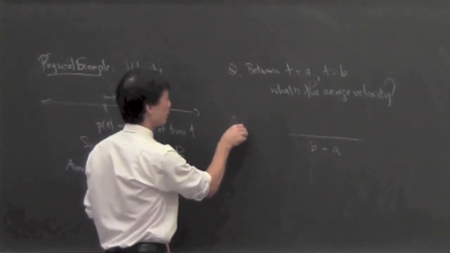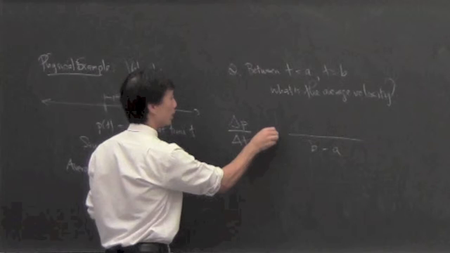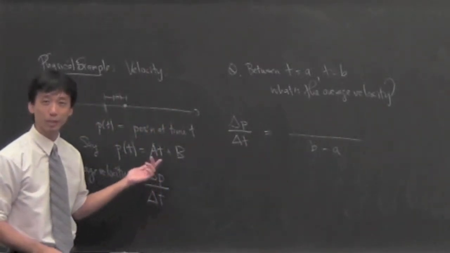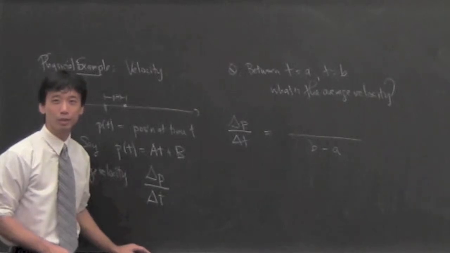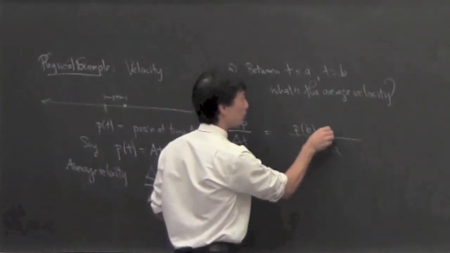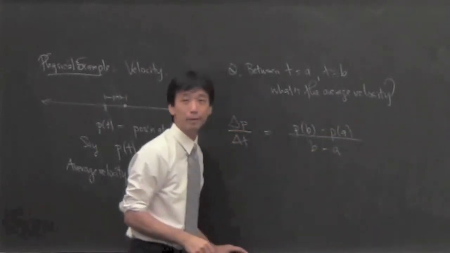So the change in position over the change in time: the change in position is just the difference of the two positions, so p of b minus p of a.